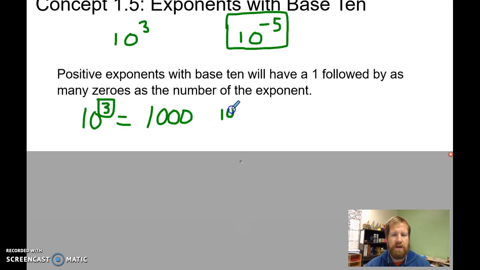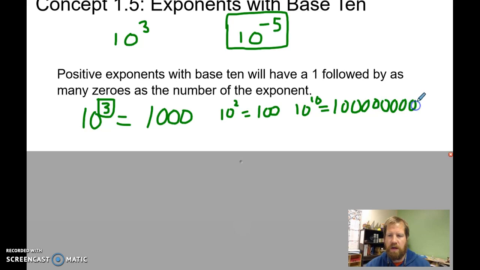So if I have 10 to the second, I'm going to have 2 zeros. If I have 10 to the 10th, I'm going to have 10 zeros. 4, 5, 6, 7, 8, 9, 10.